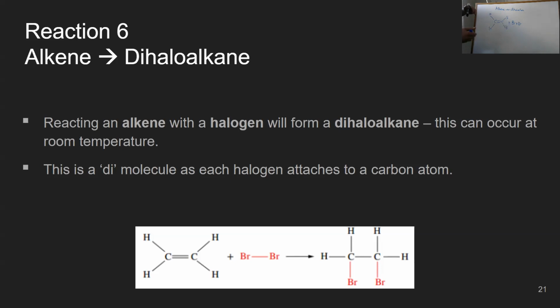What's going to happen? This breaks the bond here. So we end up with two bromine attached. And we would also have H, no, we wouldn't have H2. So when we break down, we add two halogens to an alkene, we end up with a dihaloalkane.